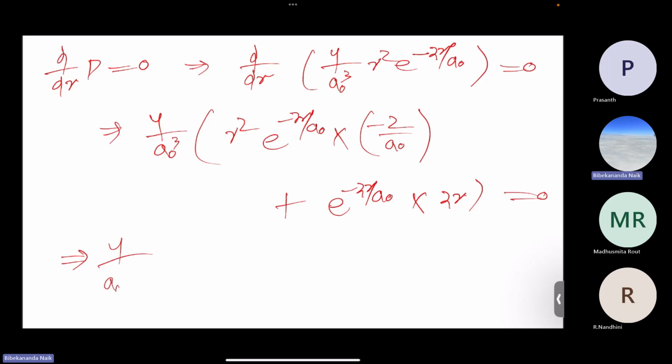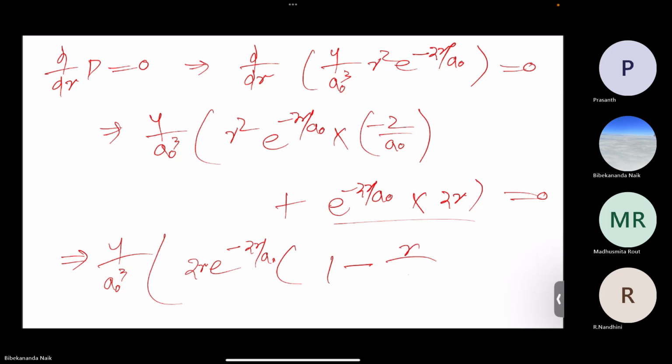Then 4 by a0 cube. There are two terms. If you take 2r e to the power minus 2r by a0 common, it will be 1 minus r by a0 equal to 0.